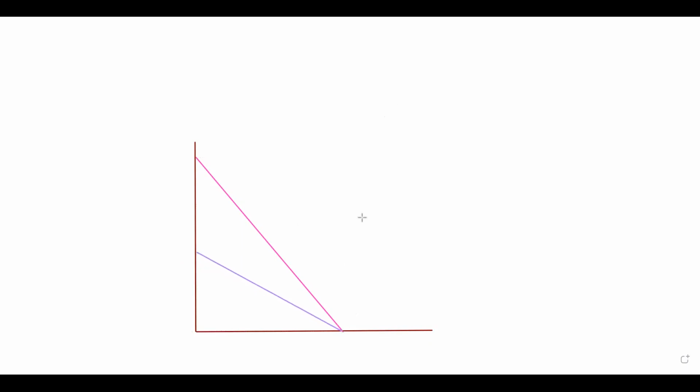The question asks what could be a reason for the demand curve to shift from the original D1, which is the outer one, to this inner one, which is D2. Why might the demand curve have shifted inwards? First of all, tell me what you can see. Is this an increase in demand or a decrease in demand?